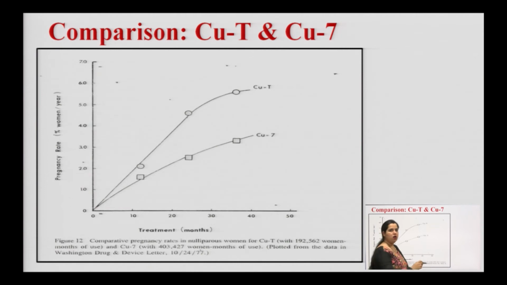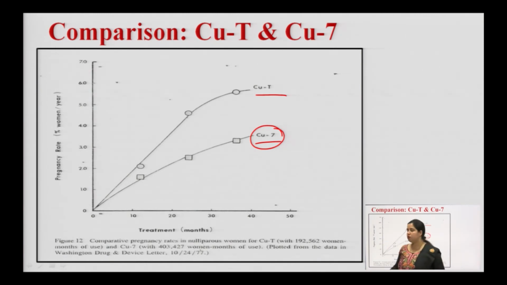If you see copper T and copper 7, the pregnancy rate is lower in copper 7 up to 40 months and higher in copper T IUDs. So, the graph represents a comparison plot of copper bearing IUDs in T design as well as in 7.